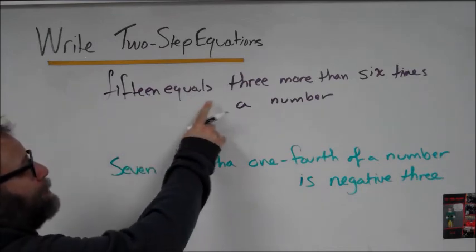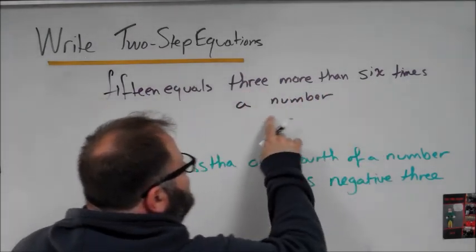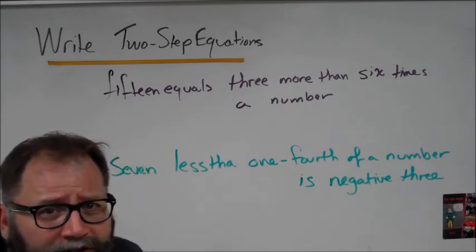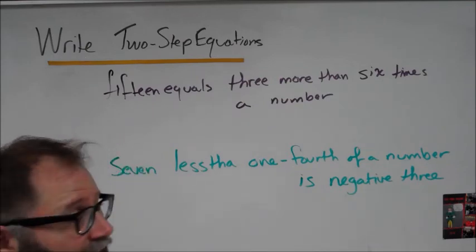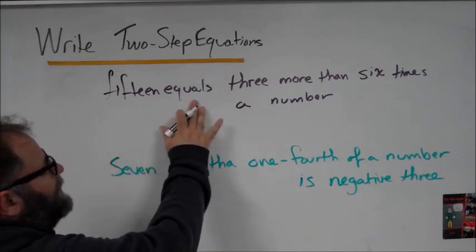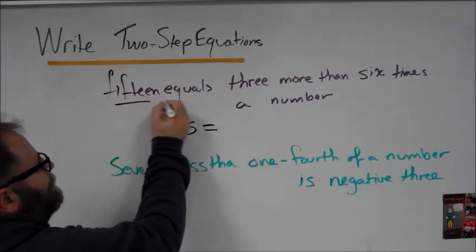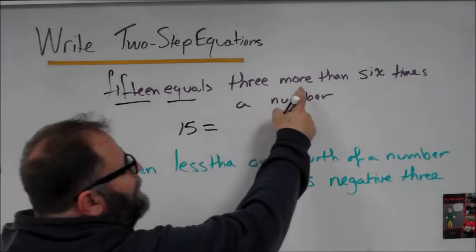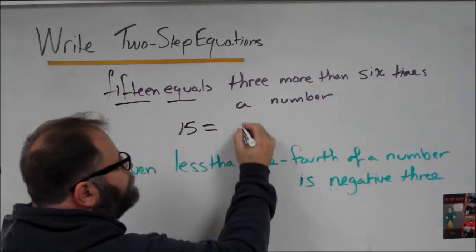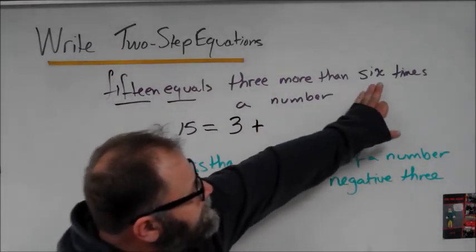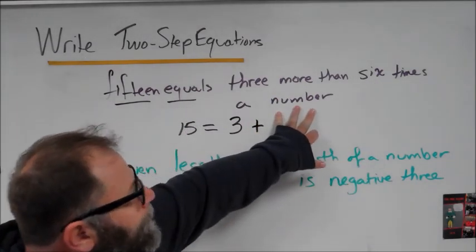I got 15 equals 3 more than 6 times the number. Now, some people like to do a lot of drawing, a lot of writing, a lot of stuff all over this. Let's just walk through it the way that it says. So it says 15 equals, so I'm just going to write 15 equals. 3 more than 6 times a number.